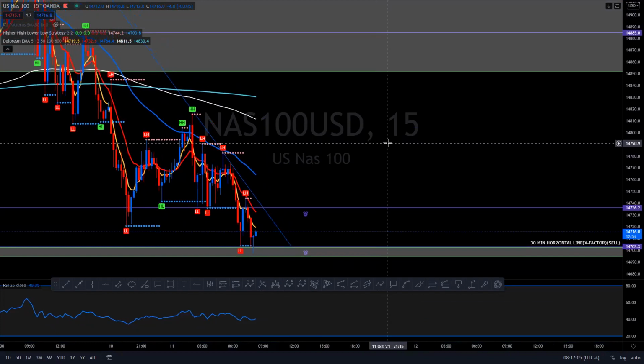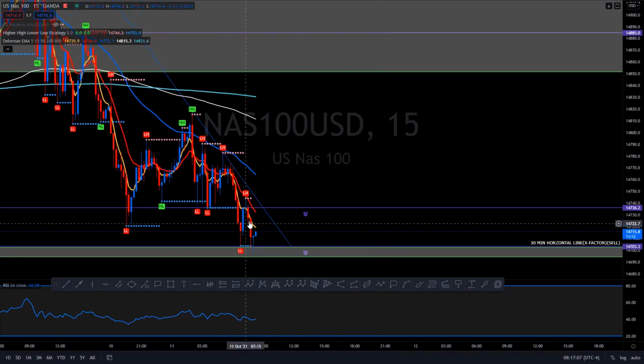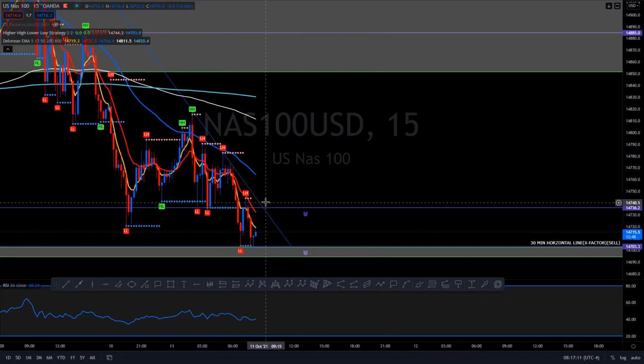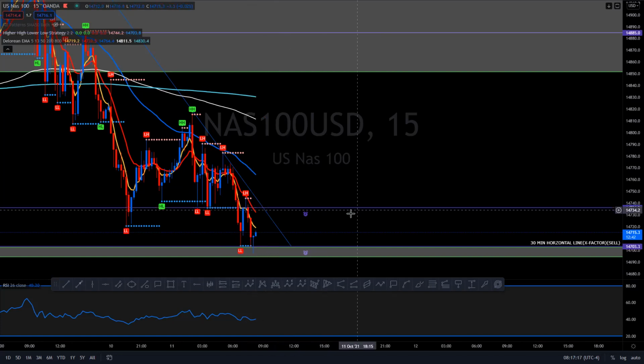If that's the case, then we need to wait for this yellow EMA to cross over this red EMA, and that'll be our sniper entry. And that's one of the reasons why I draw this X factor line here, because it'll cross over kind of like resistance here. You can see this blue here. So let's wait and see.